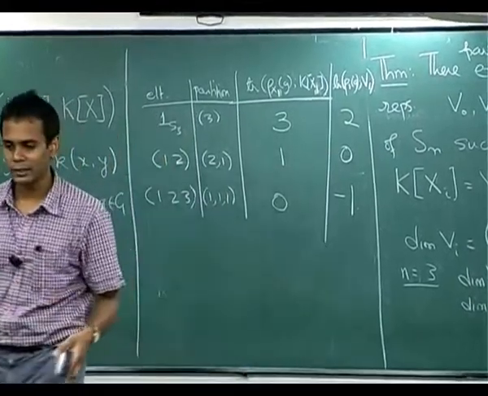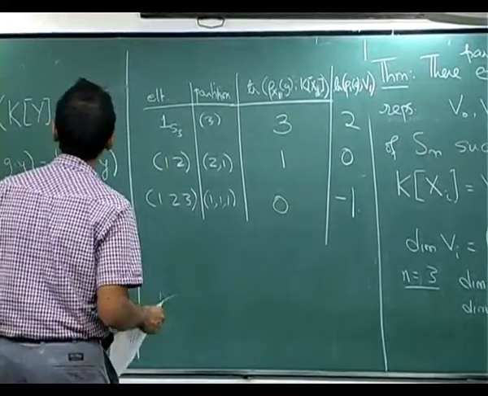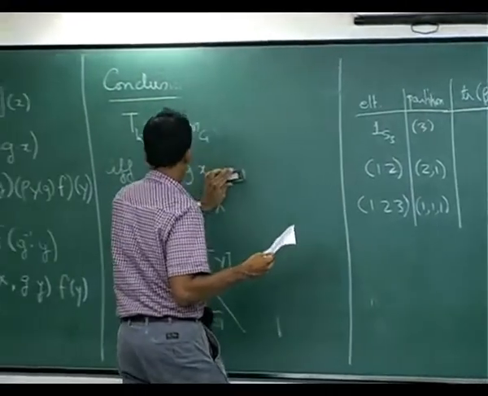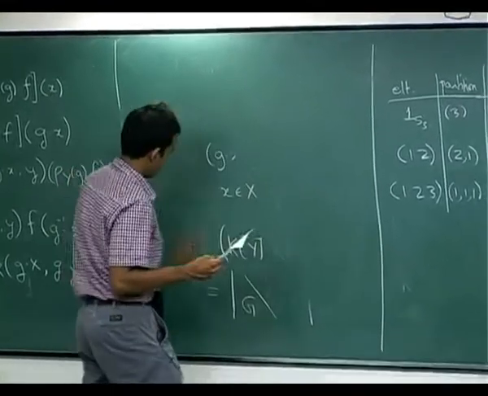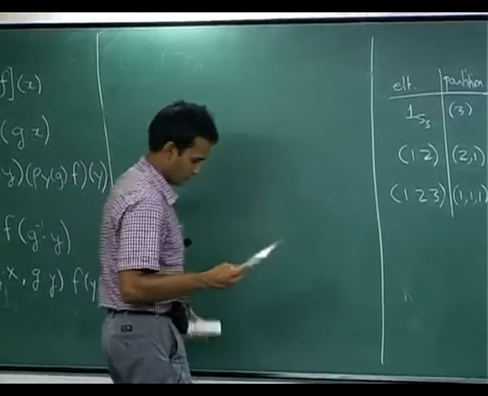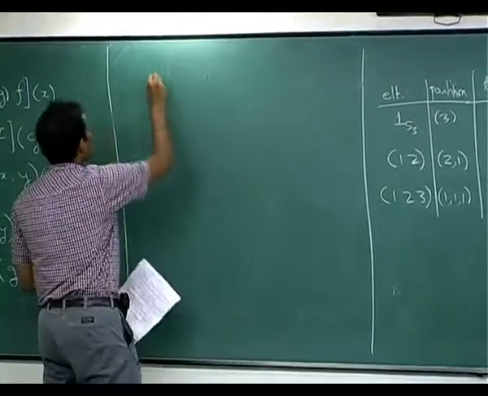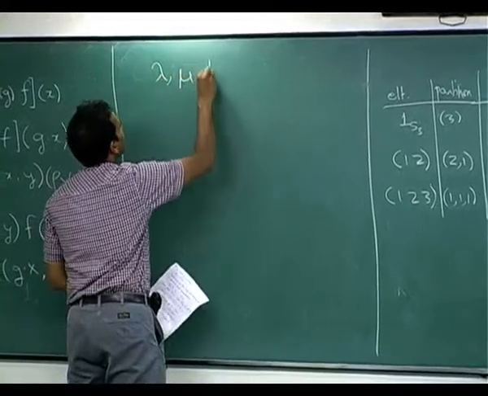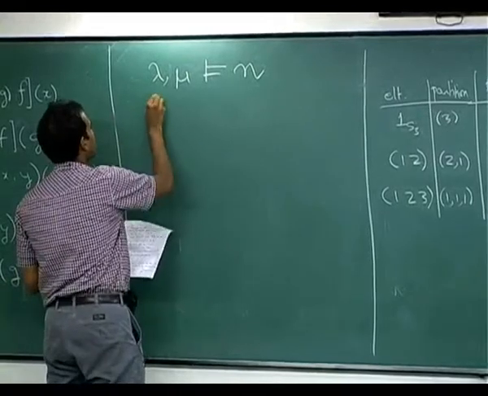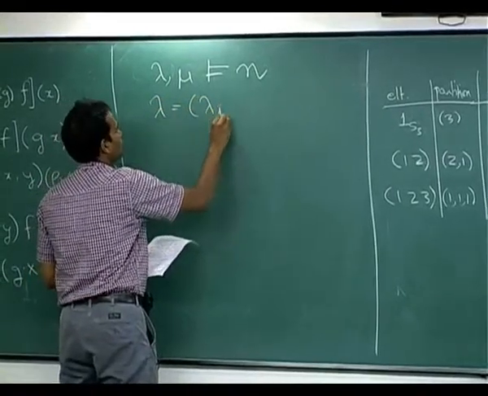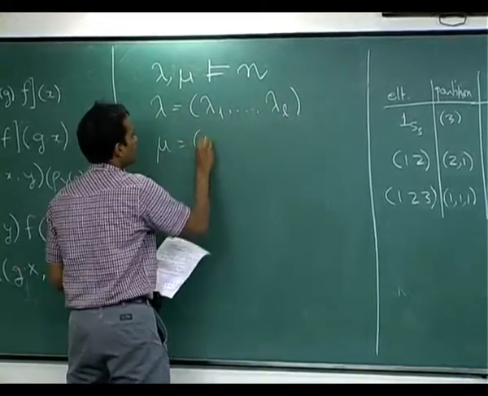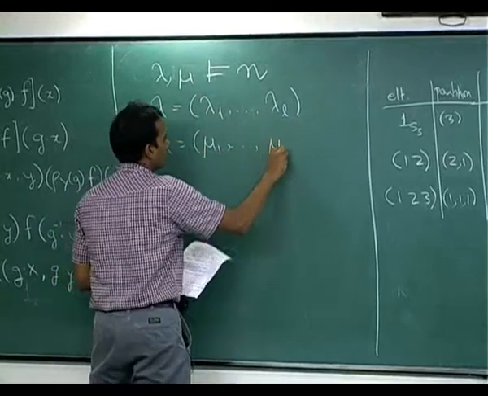Okay, let's see what we can say about general compositions now that we've warmed up. So suppose we have lambda and mu, both compositions of n. Just to fix notation, whenever I write lambda, I'll mean lambda 1 comma up to lambda L, and whenever I write mu, I'll mean mu 1 up to mu m.